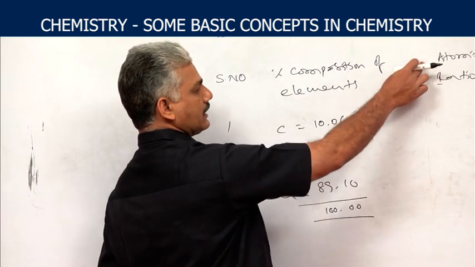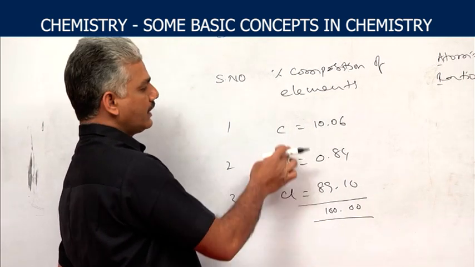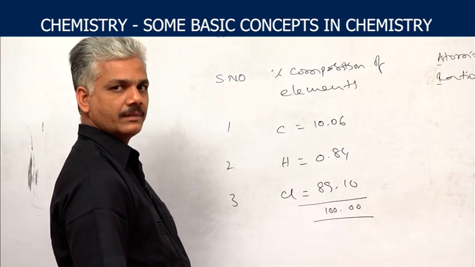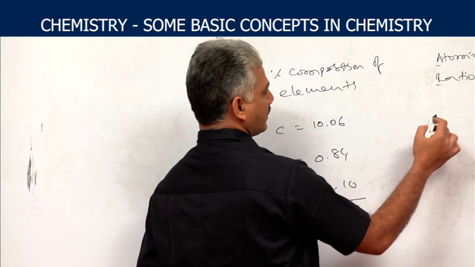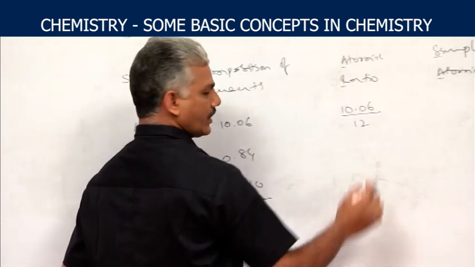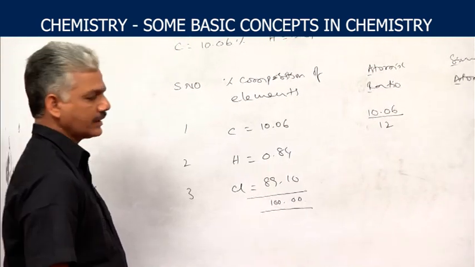In order to calculate the atomic ratio of individual elements, we have to divide the percentage composition with the concerned element's atomic weight. Say for example, carbon's atomic ratio will be 10.06 by 12, where 12 is the gram atomic weight of carbon.